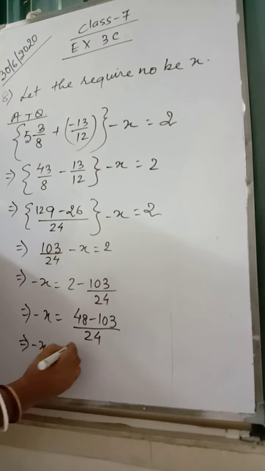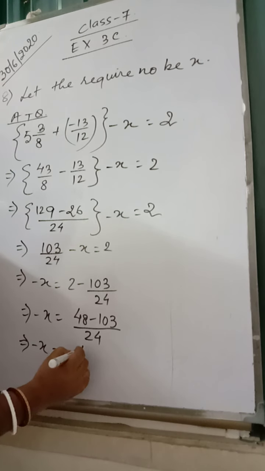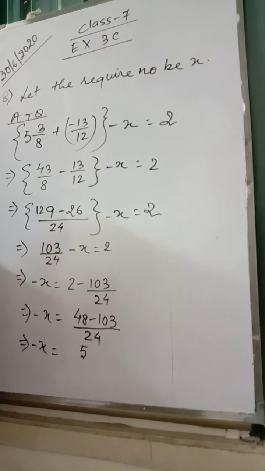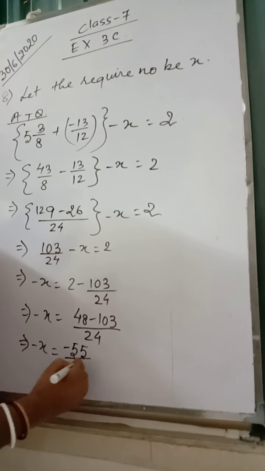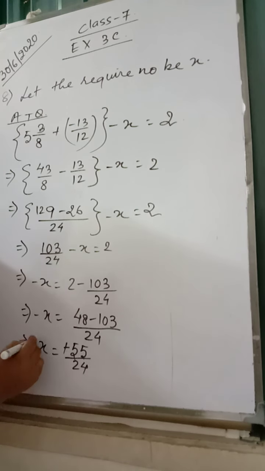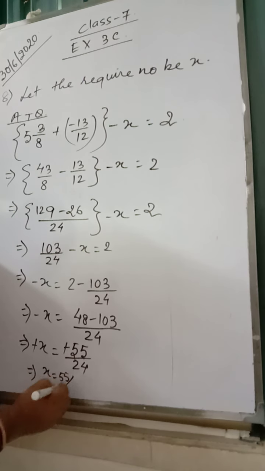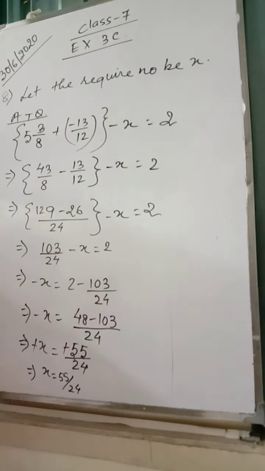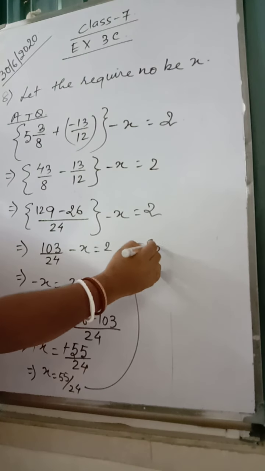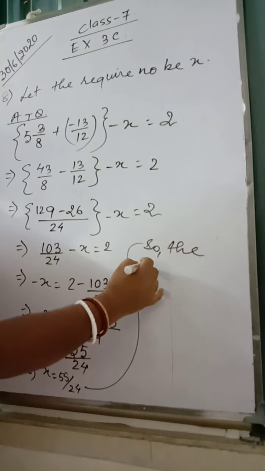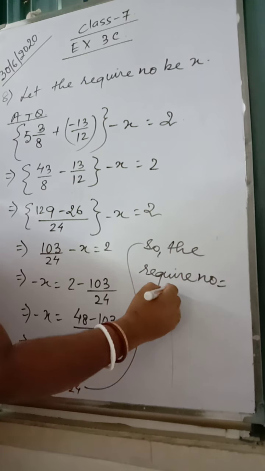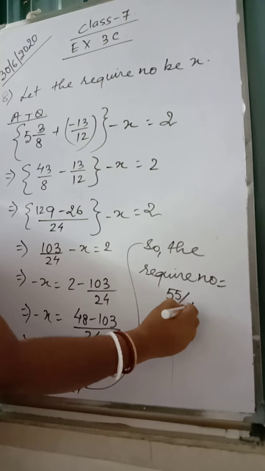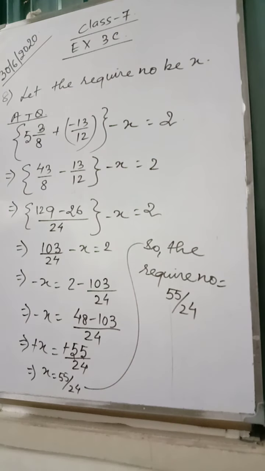Minus x is equal to minus 55/24. Now the minus sign I can cancel. x is equal to 55/24. So the required number is equal to 55/24. Please write it.